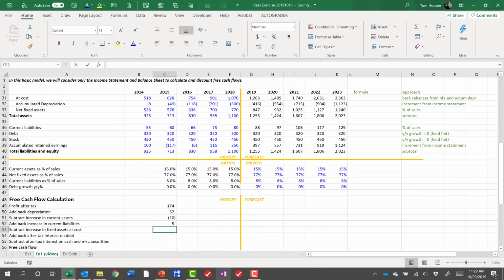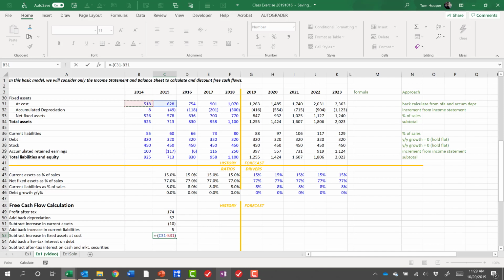And then to subtract the fixed assets at cost, this is representing money that we spent on capital investments. It will later be reflected in depreciation, but to get to free cash flow, we needed to reflect it now.